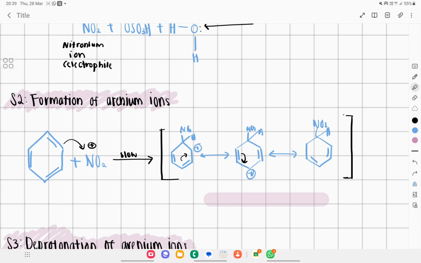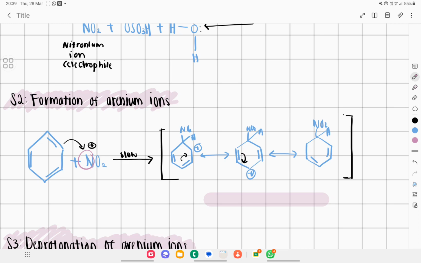The electron-rich region of the benzene ring is attracted to the positive end. So basically, the benzene ring is going to attack this end right here, because it is more electropositive. Therefore, it will attack the electrophile, in simple terms.